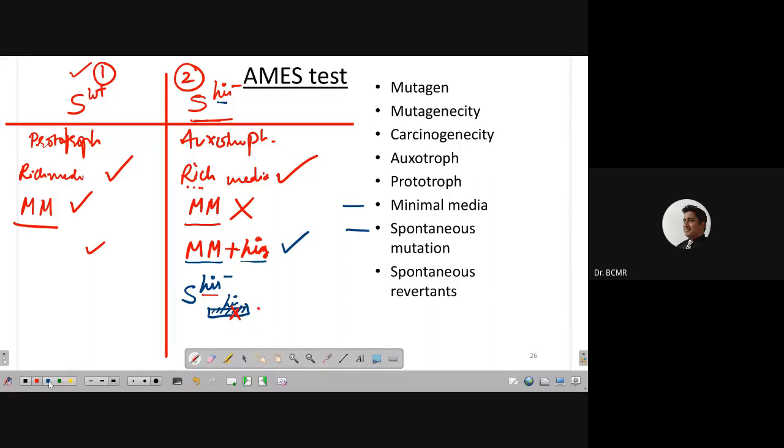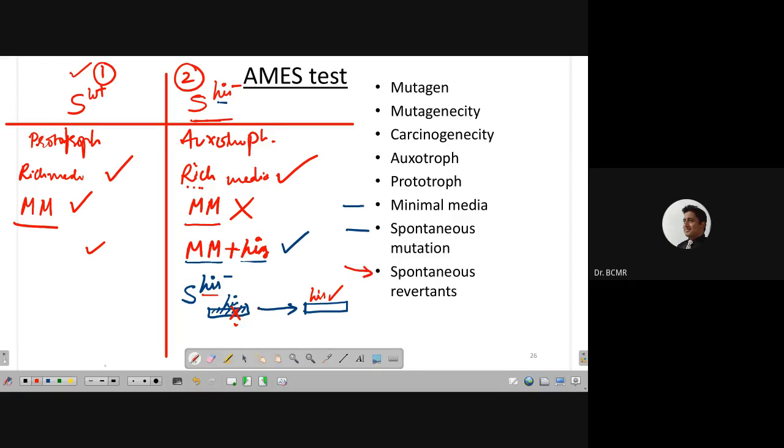Now something has happened after several rounds when you grew it in minimal media plus histidine. At the same location, another mutation has happened, because of which it is now functional. If in the same point a mutation has occurred such that it is now reverted to the normal phenotype, that is called a spontaneous revertant, right?